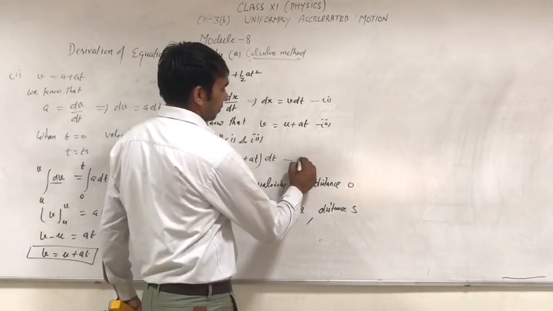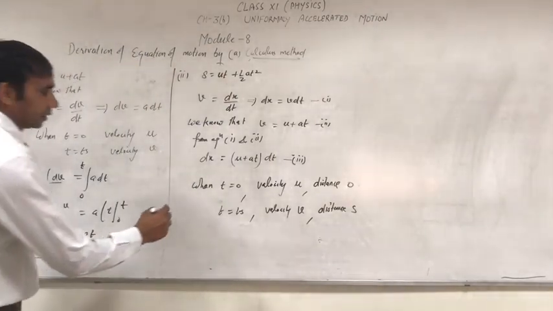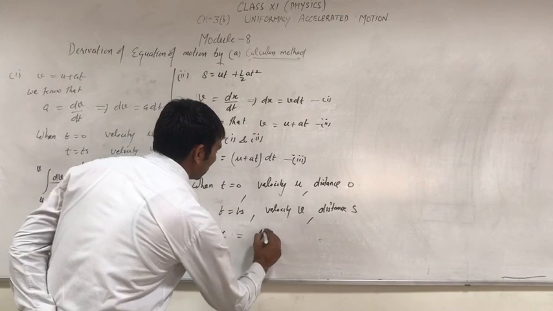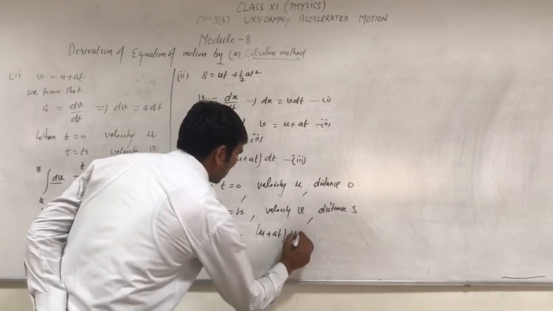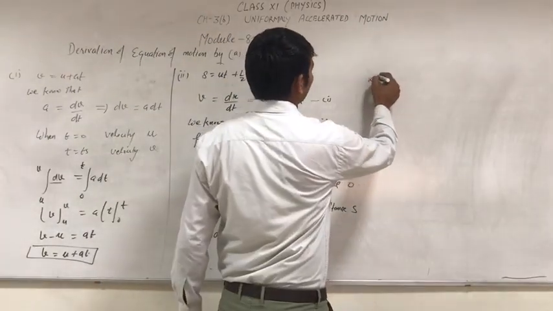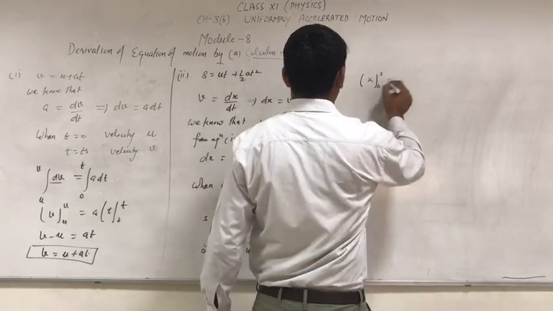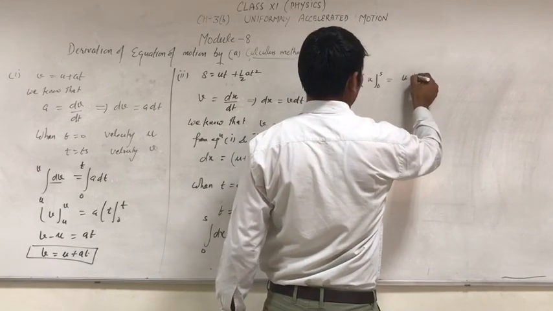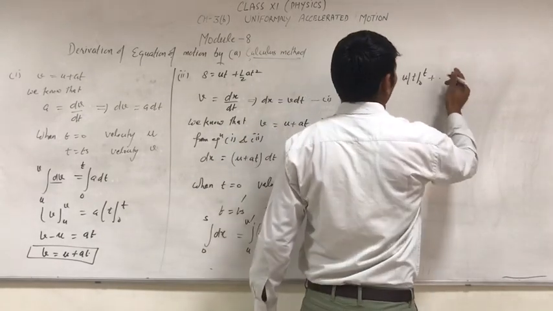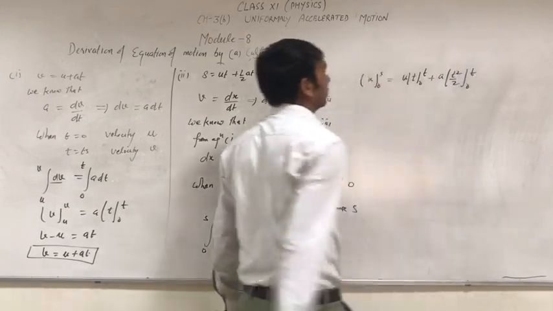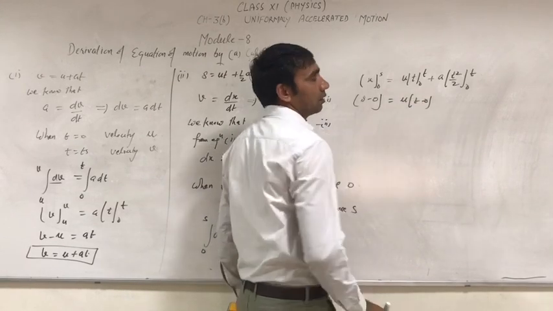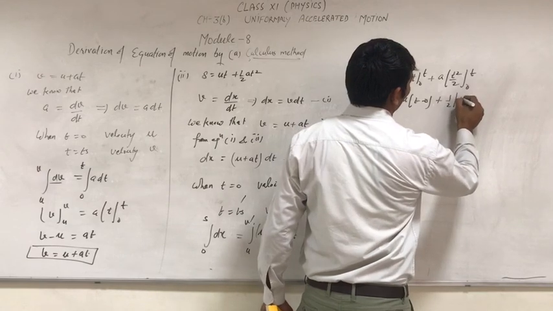Integrating equation third within proper limits, integration of dx from 0 to s is equal to integration of (u plus at) dt from 0 to t. So x from 0 to s is equal to u t from 0 to t plus a t square divided by 2 from 0 to t. s minus 0 is equal to u(t minus 0) plus 1 by 2 a (t square minus 0).